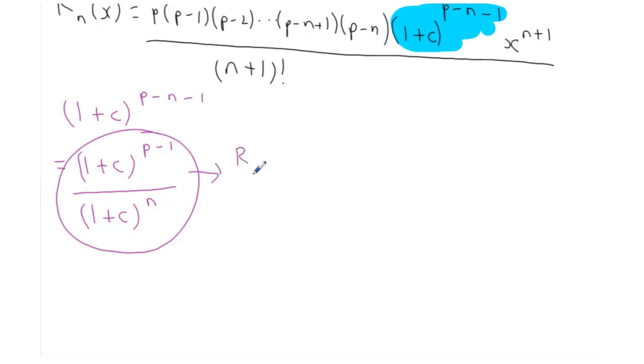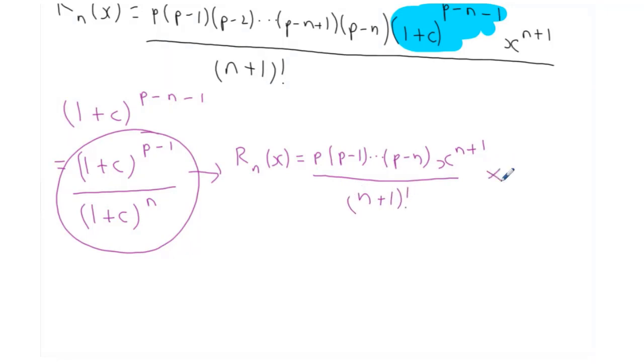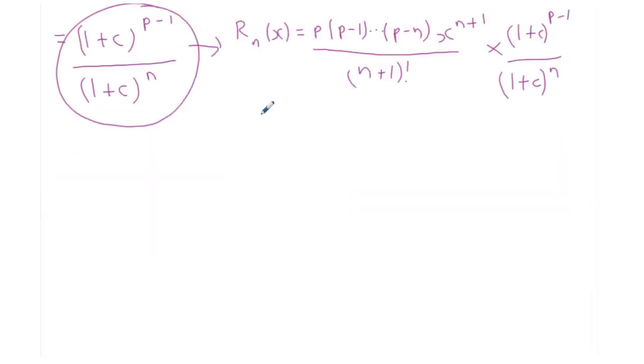So now the error term Rn(x) can be written as (p − 1) all the way up to (p − n) x to the power n plus 1 over (n + 1) factorial, times (1 + c) to the (p − 1) over (1 + c) to the n.